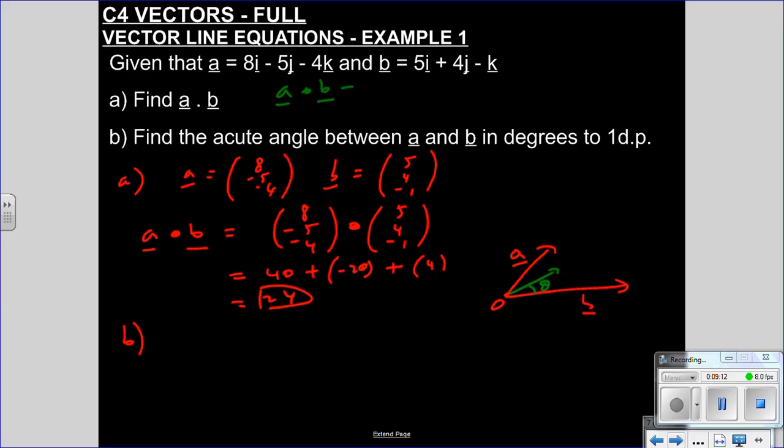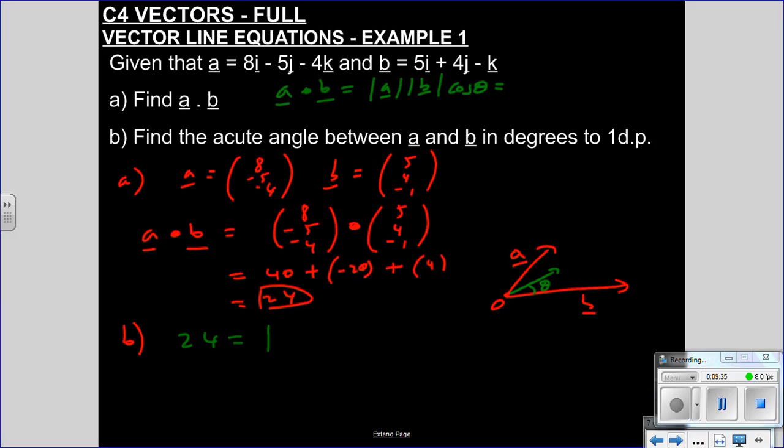So you really need to know your dot product definitions. Whatever two vectors you're dot producting, it's their magnitudes times each other times cos theta. And as we know, that's also top element times top element plus middle times middle. So we already know that A dot B is 24, right?